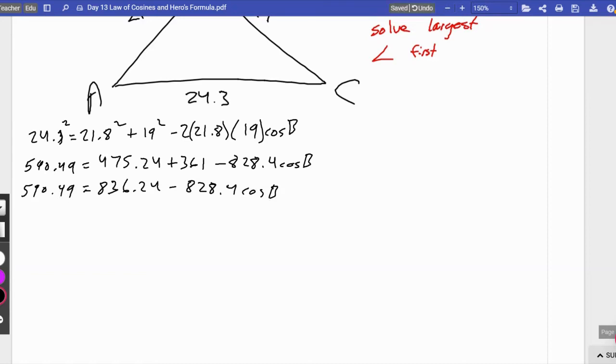The next most common mistake is they subtract these two. You still can't, because cosine of B is attached to this number. You can't separate it yet. So we're going to have to get rid of this number, then detach this, and we can unravel from there. So we're going to subtract 836.24 from both sides.